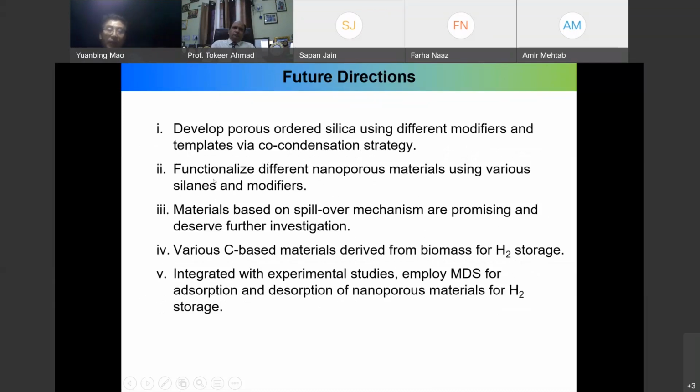And if we can functionalize different nanoporous materials using different silanes and modifiers, that also will be good. The spillover mechanism is actually quite promising, and definitely deserves further investigation as well. Whereas carbon-based material derived from biomass for hydrogen storage could be explored as well. So those are the things we could explore.